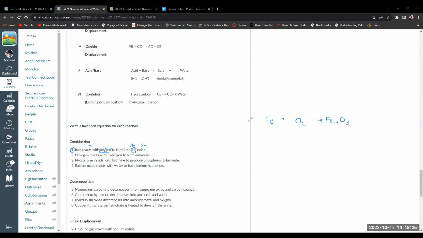Is this reaction balanced? No. We have one iron on this side and two irons on this side.